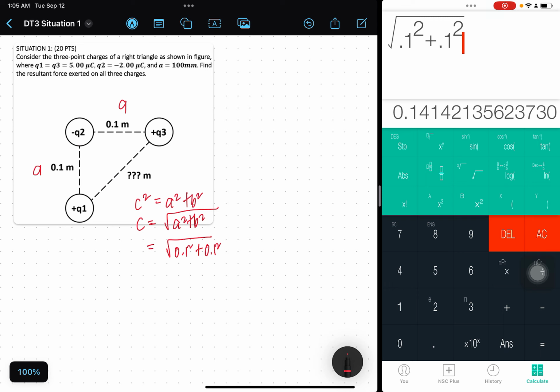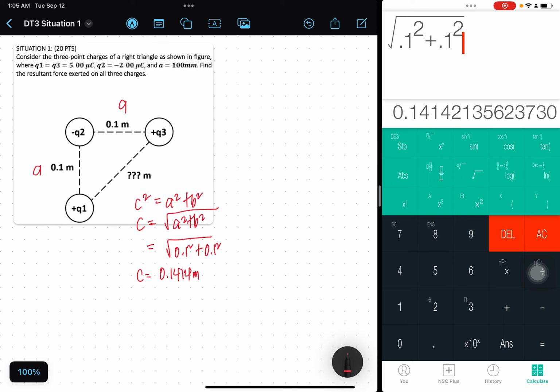So C is equal to 0.1414 m. As my advice, always use 4 decimal digits in our computations, and our final answer will be 2 decimal points.